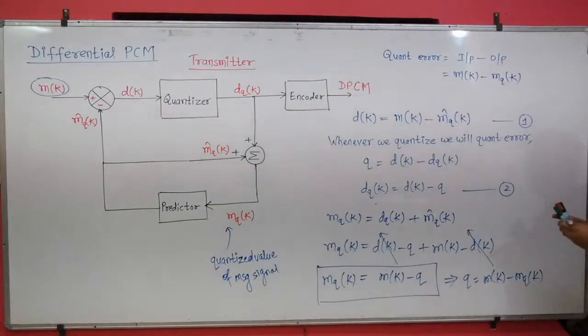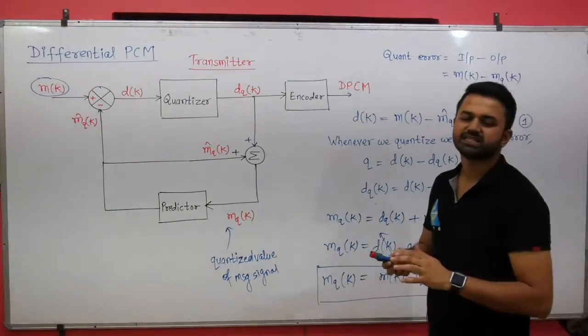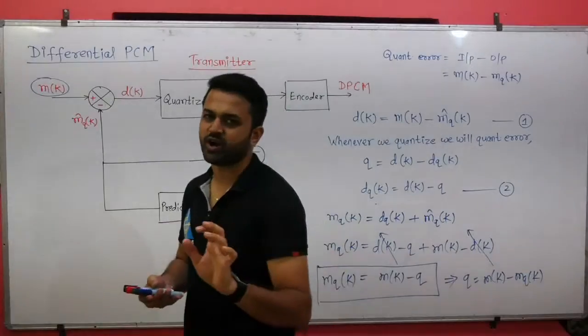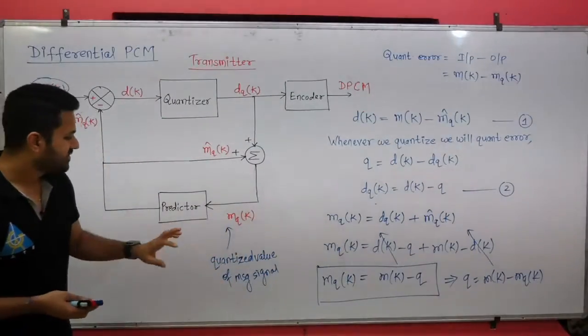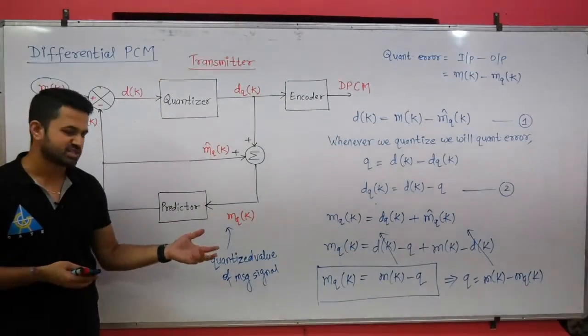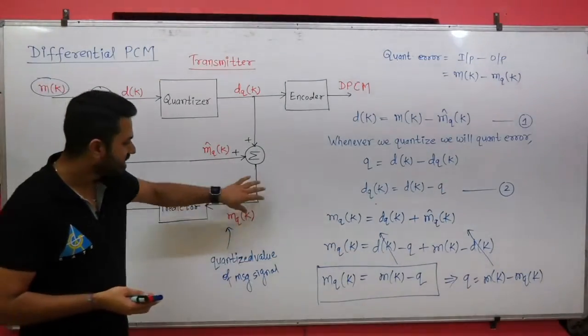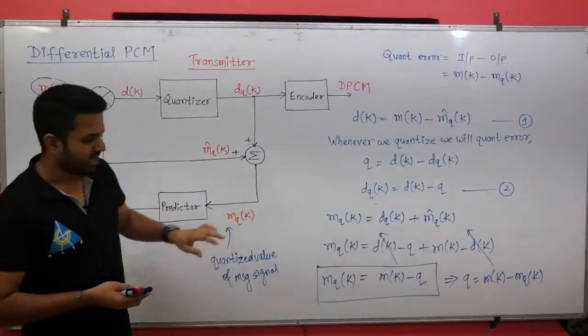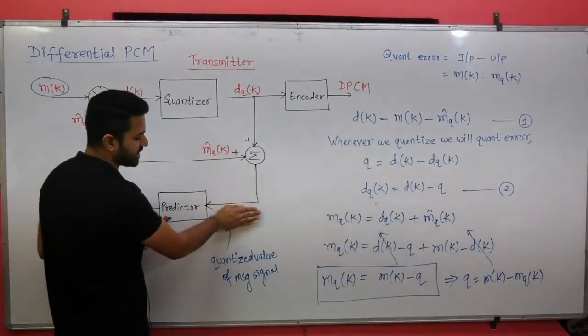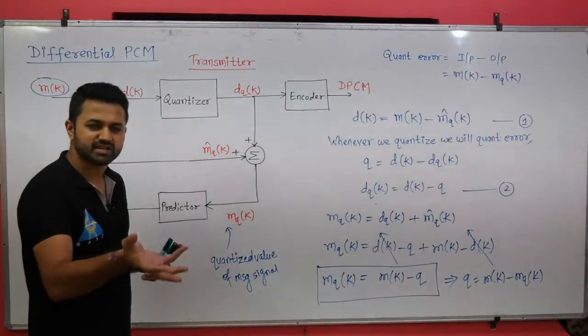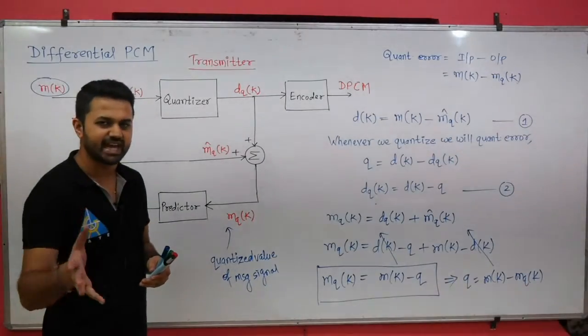So quantization error means the difference between input and output. That is why we can say we are getting the quantized version of the message signal here. Whatever signal we get, if I don't represent it by MQK, I could represent it by some other variable like X, Y, Z, anything.